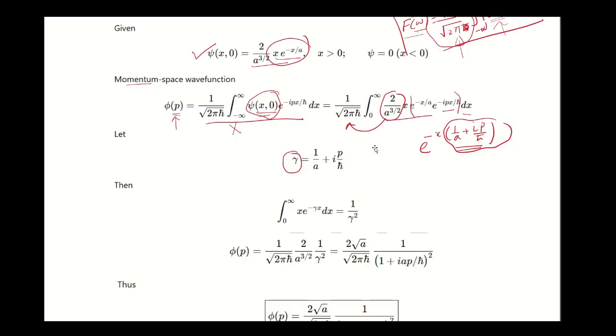The wave function is defined in the positive x region. There is no contribution of this wave function in the negative x region. When x is less than 0, the wave function is 0. Basically, the wave function is defined in the positive x region, that's why we take the integration from 0 to infinity.